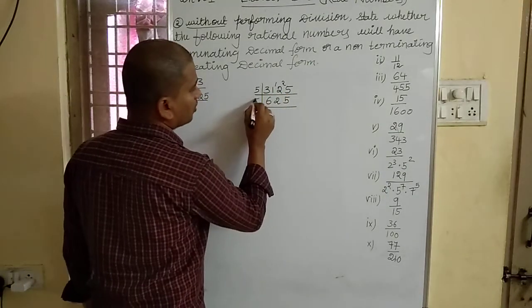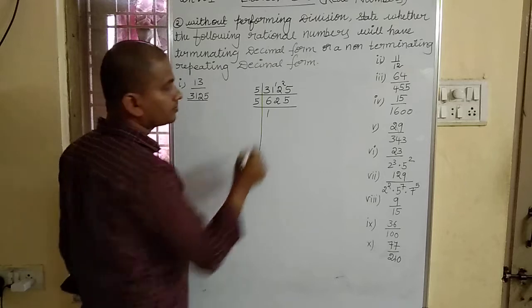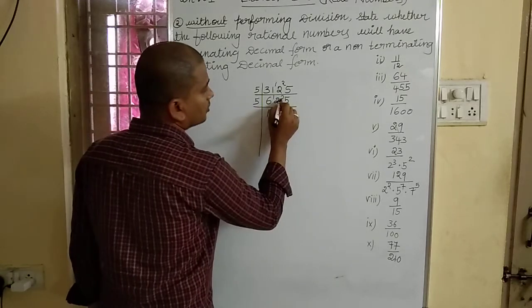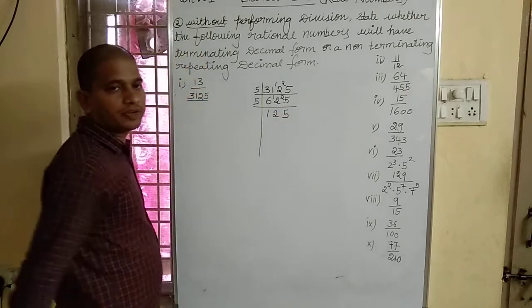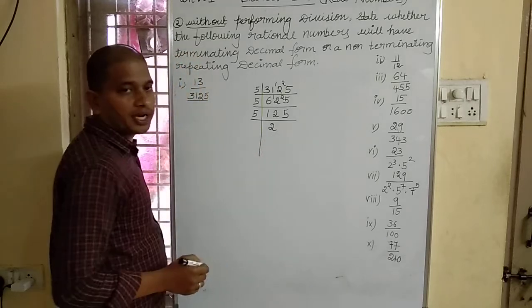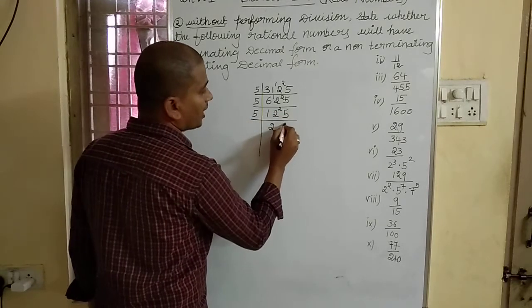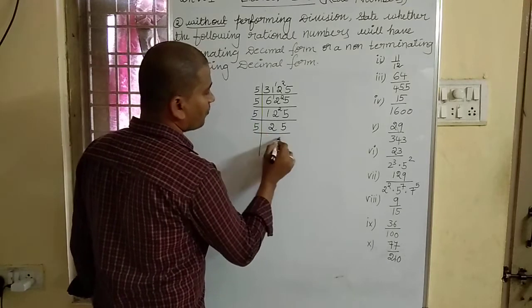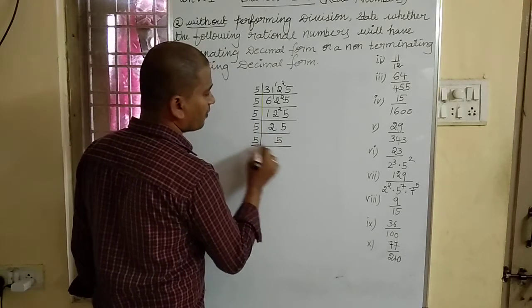Again the 5 table. 5 5s are 25, 5 1s are 5.